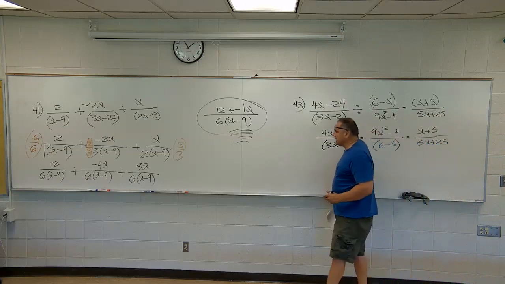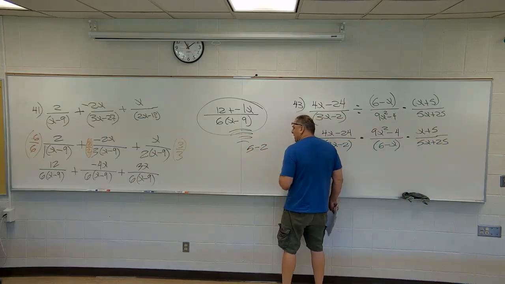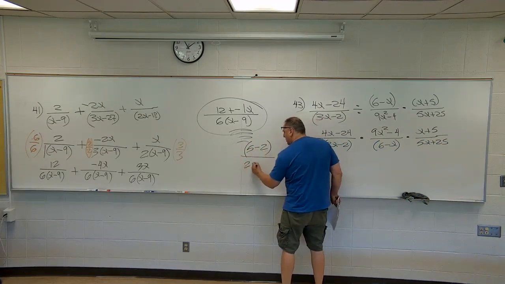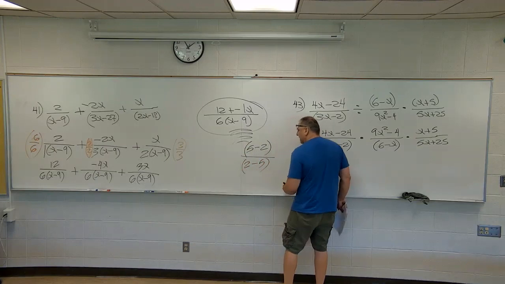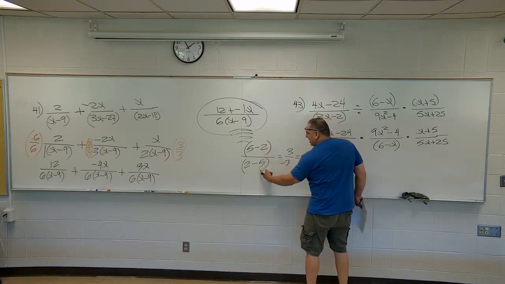Got some questions to ask you. What's 5 minus 2? It's 3, isn't it? What's 2 minus 5? It's negative 3. 3 divided by negative 3 is negative 1. Wait a minute.